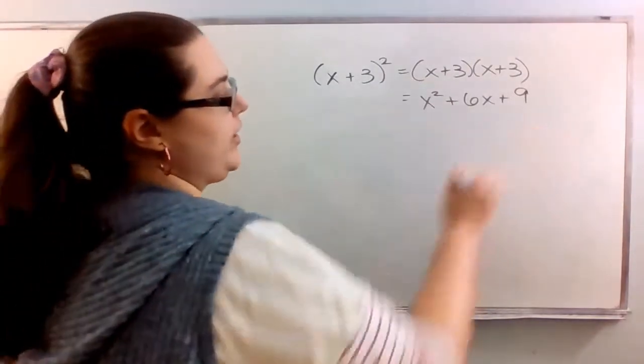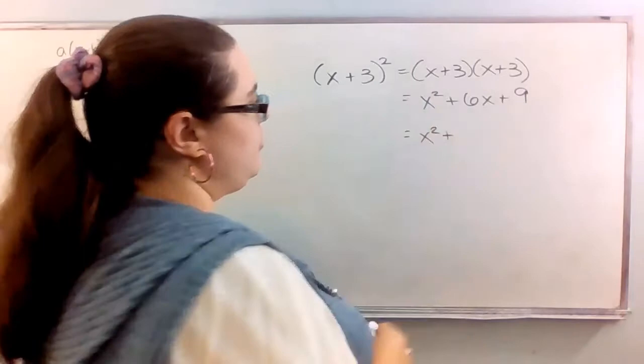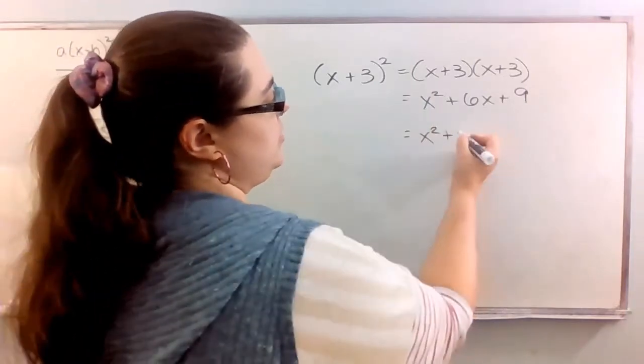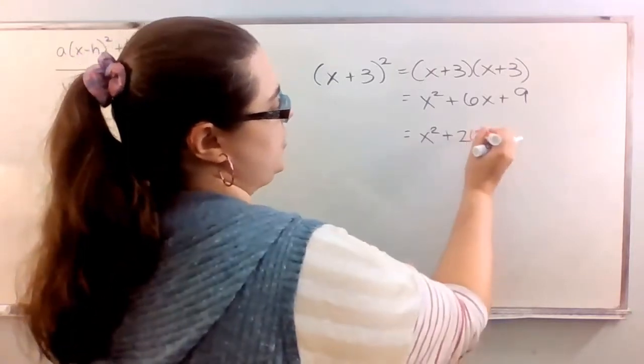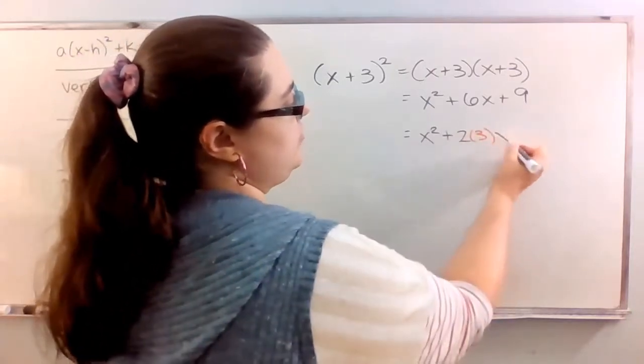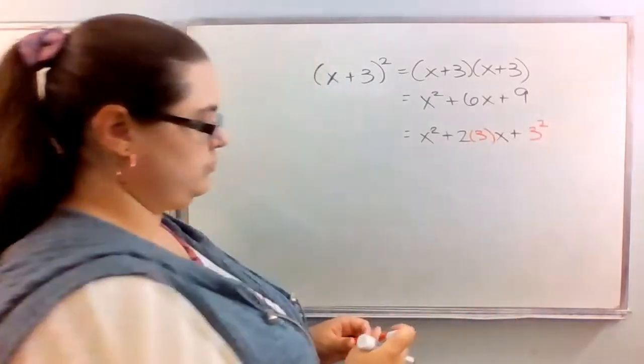So I can rewrite this as x squared plus 2 times 3x plus 3 squared.